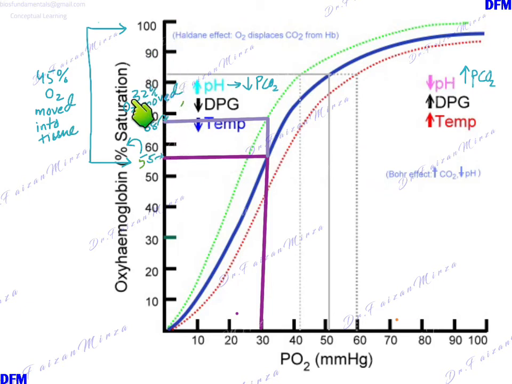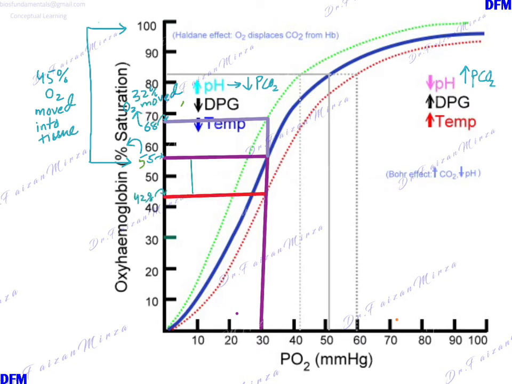So if you compare 32% versus 45%, you see that the tissue which had a normal carbon dioxide level received more oxygen from the blood, and the tissue which had a lower carbon dioxide concentration received less oxygen from the blood.